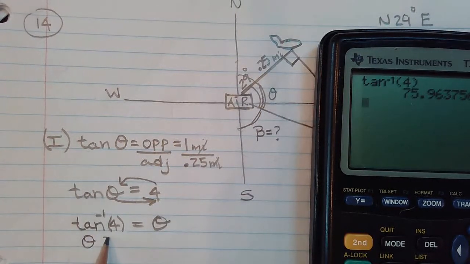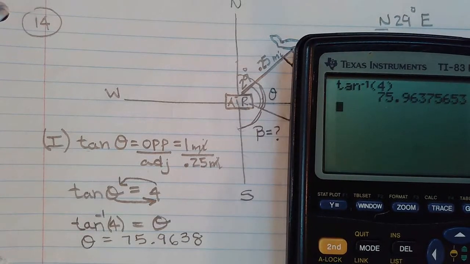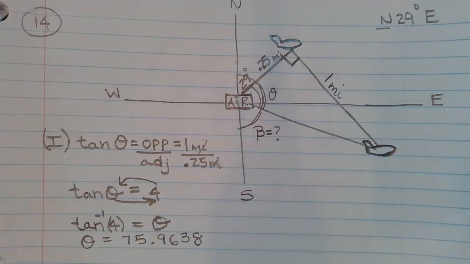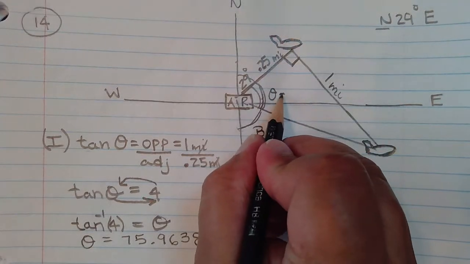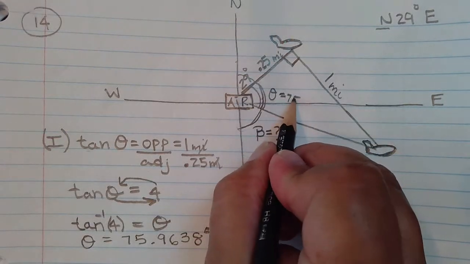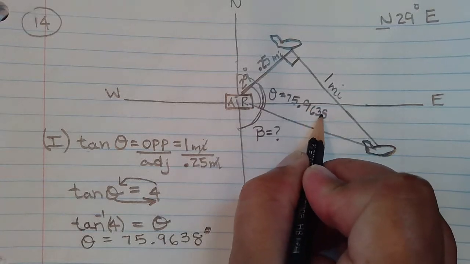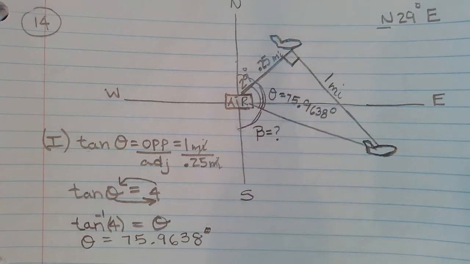Okay, so theta is equal to 75.9638. You can see it right there, 0.9638. Okay, so after I know that, and this is in degrees, 75.9638.